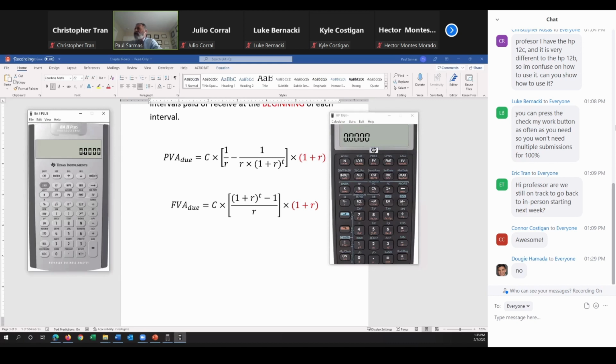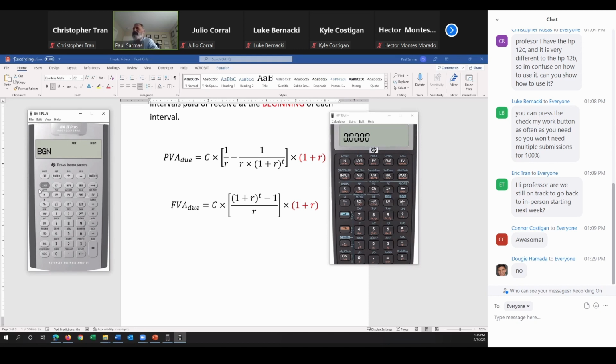Okay? So the same here. If you look at this, this is regular annuity at the end of the period. But if I do second and payment, second, set, it says BGN, beginning. And basically, if you put any cash flows in there for the end of the period, for the beginning of the period, it will be treated as annuity due.